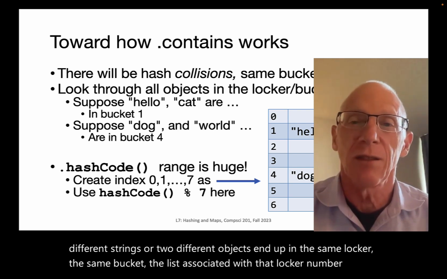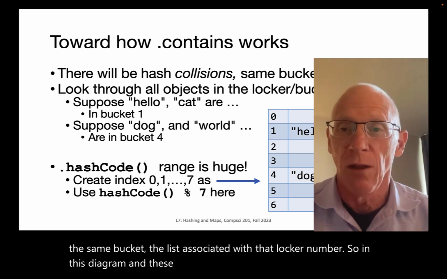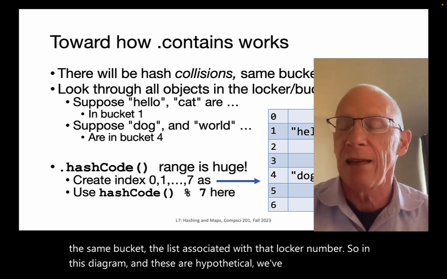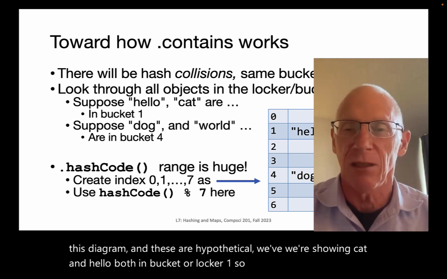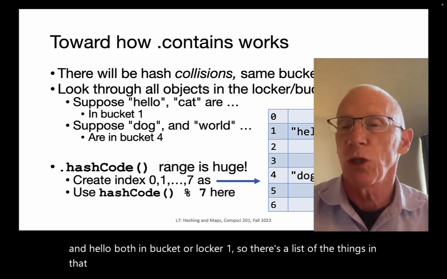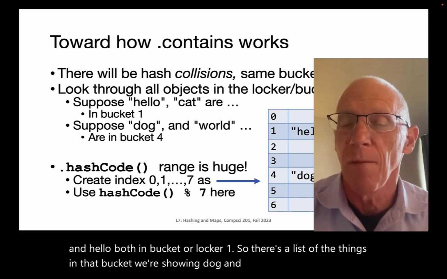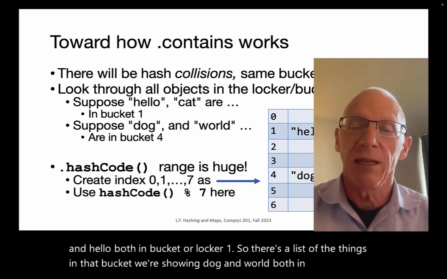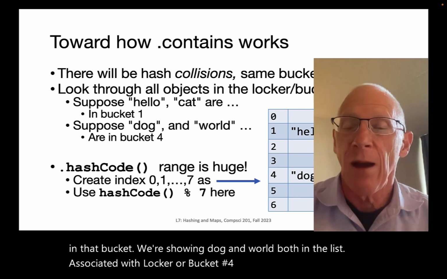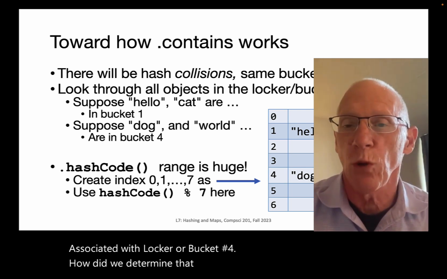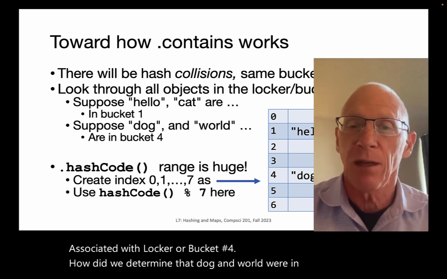So in this diagram, and these are hypothetical, we're showing cat and hello both in bucket or locker 1. So there's a list of the things in that bucket. We're showing dog and world both in the list associated with locker or bucket number 4. Now, how did we determine that dog and world were in that bucket number 4?